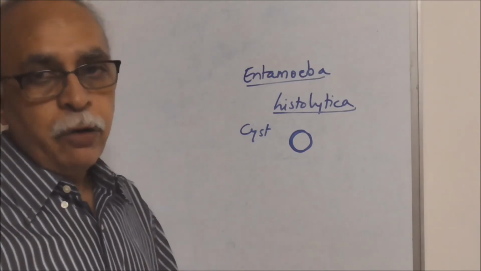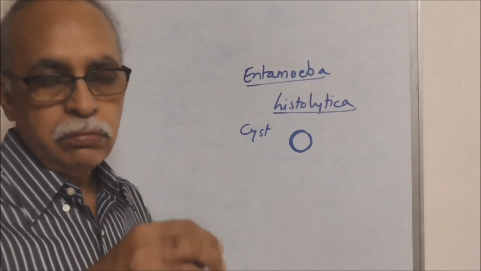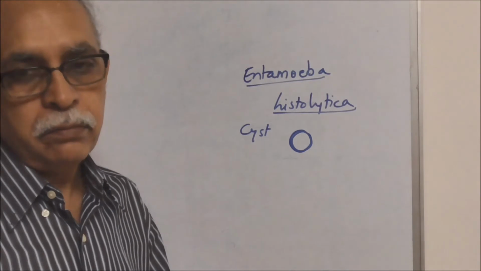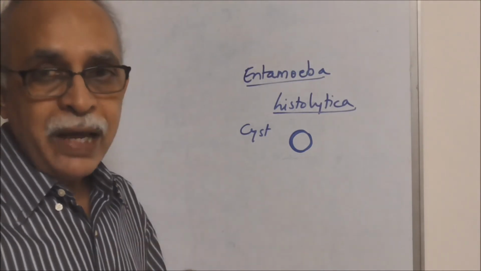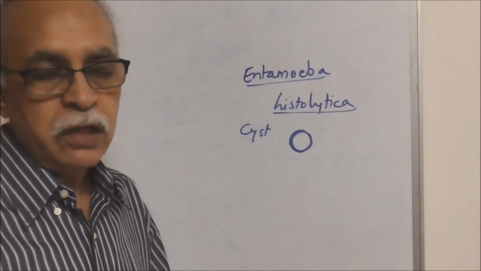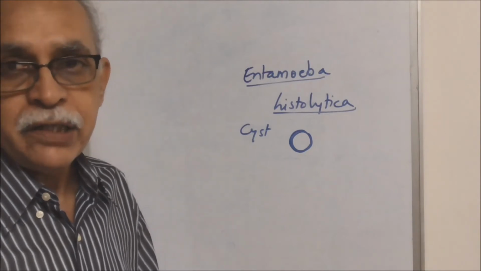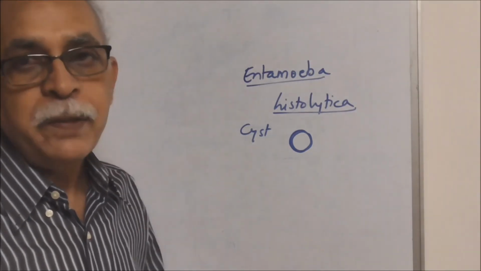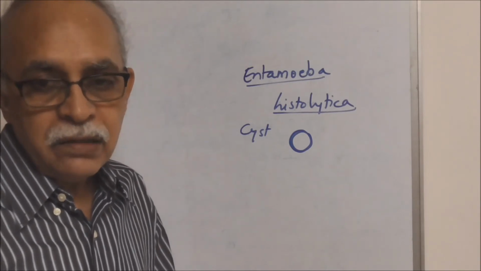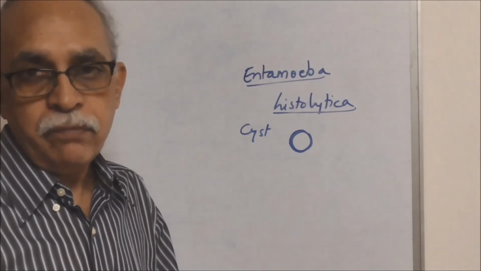It enters the body through contaminated food or water or milk. So through that, it enters the alimentary tract, through the mouth, then through pharynx, through esophagus, it goes straight into the intestine. And then the cyst opens up. The amoebae come out. And these amoebae then start attacking the intestinal lining.